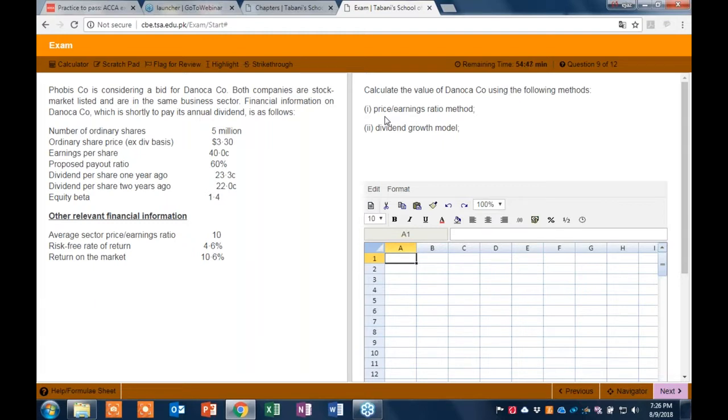What's the value of the company using PE ratio? May I know the total value of the company? What's the total value of the company?